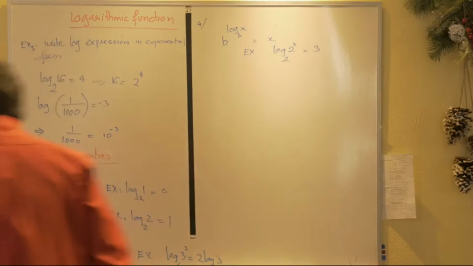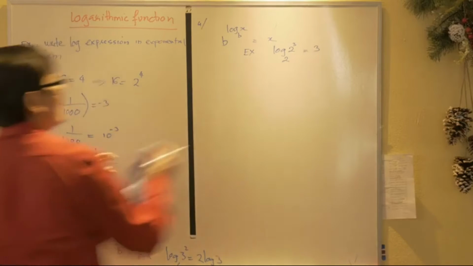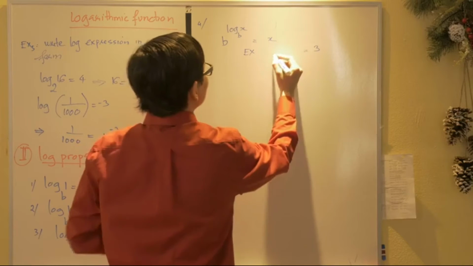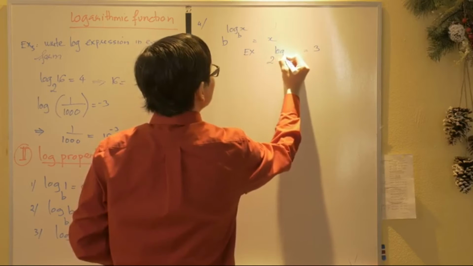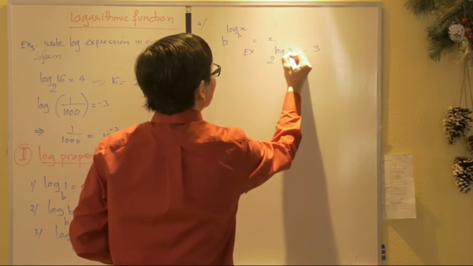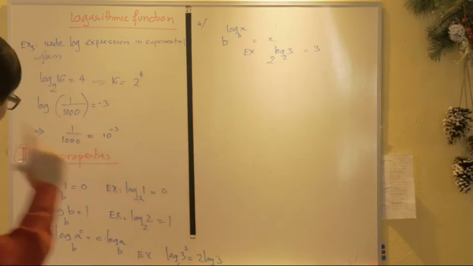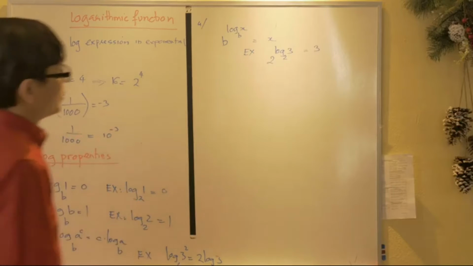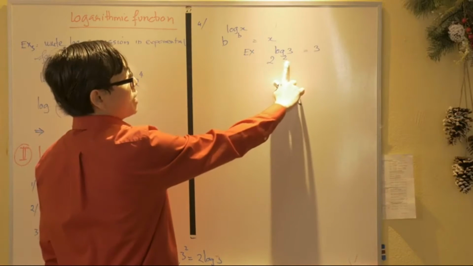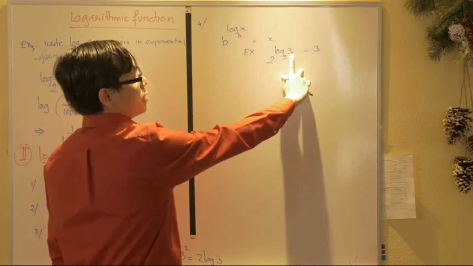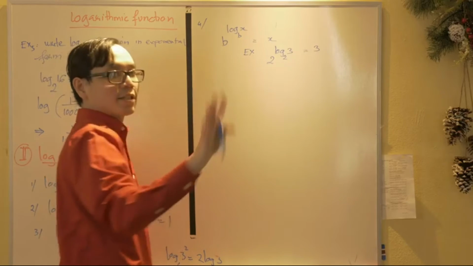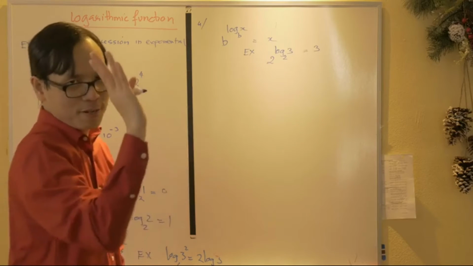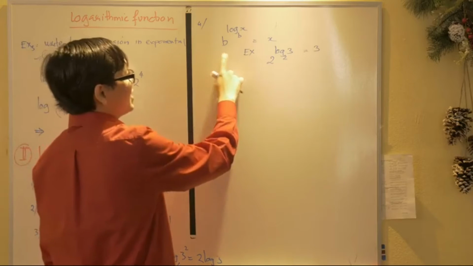Oh, I think I wrote it wrong, I'm sorry. So it's log base 2 of 2 to the third power, and the base here and the base here are the same. Then I just write 3 over here. Just ignore what I said a minute before, I wrote it wrong.